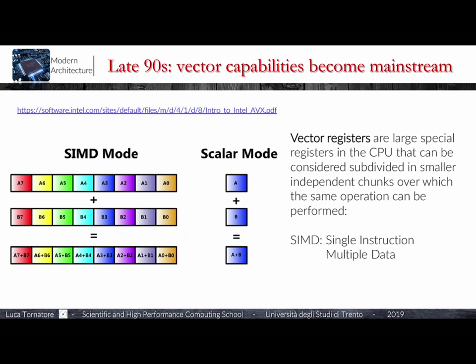If a double is 64 bits, then you have as many as 8 doubles in a single register, or 16 floats. So you can perform, for instance, 8 summations at the same time with just one instruction and in one clock cycle. That is the huge advantage of vectorization, and that is what is called SIMD, single instruction, multiple data.